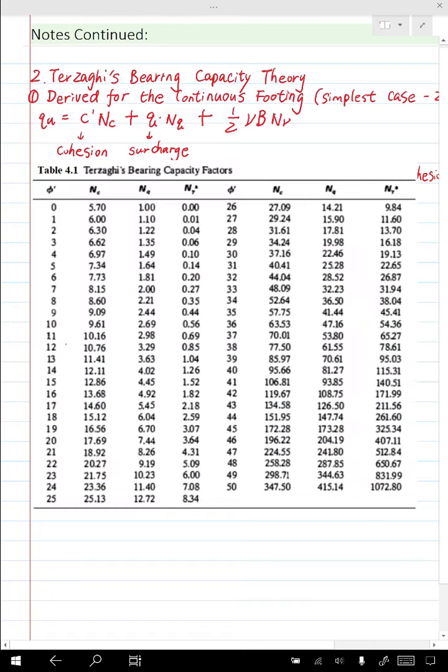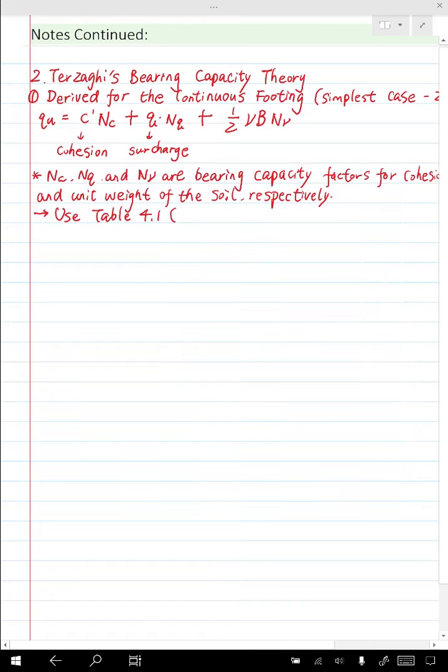These things can be obtained using, for example, table 4.1. And for coding purposes, it's more convenient to use equations. In that case, we can use equations 4.13 and 4.15.